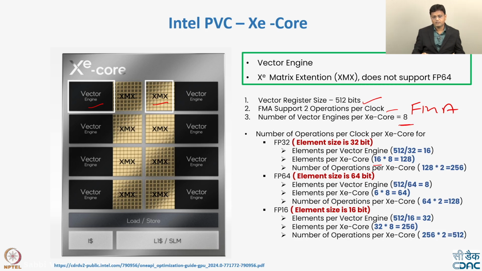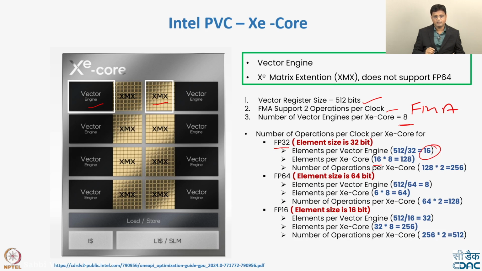The interesting part is that the number of elements that can be processed by the vector engine always depends on the size of the data type. Suppose I want to deal with single precision data type, so I have considered FP32 here. Each element is 32 bits, so in one vector register I can store 16 such elements.